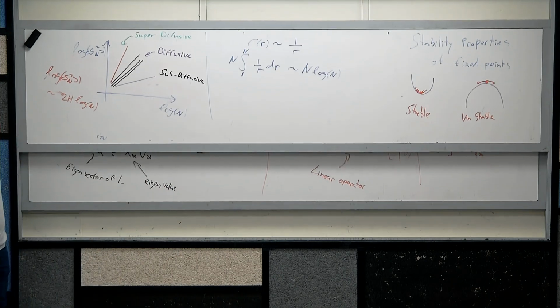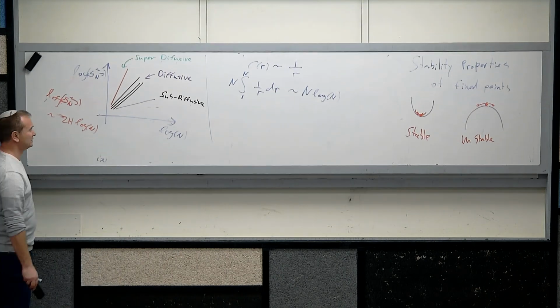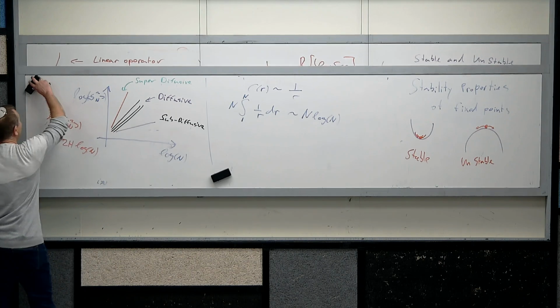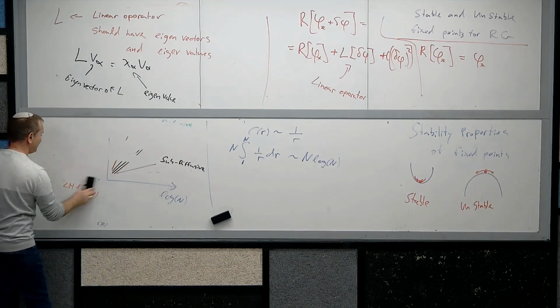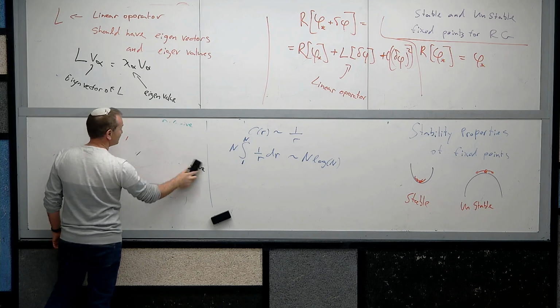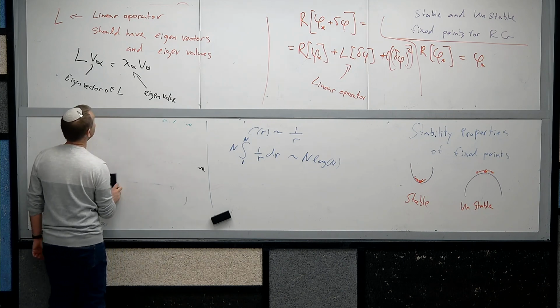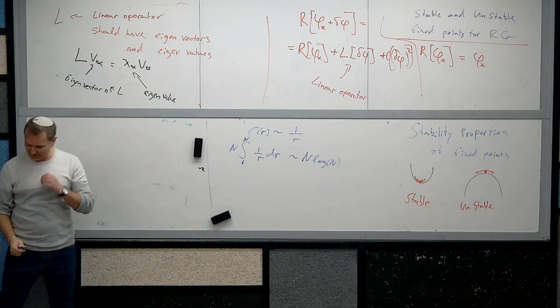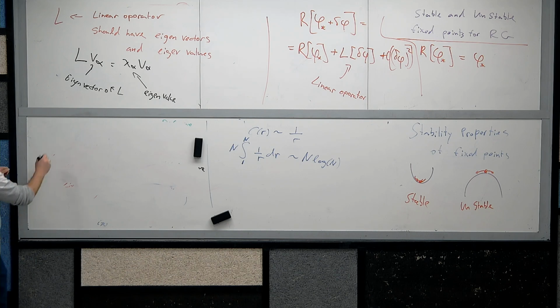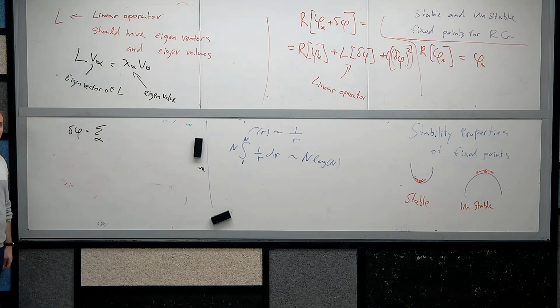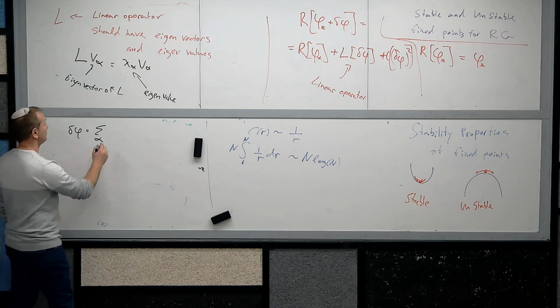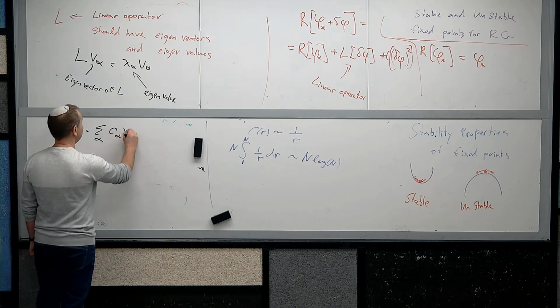It's like the Sturm-Liouville operator. So the idea is as follows. Let's take this delta phi and expand it as a sum of C alpha V alpha.